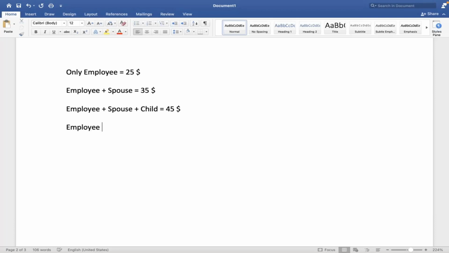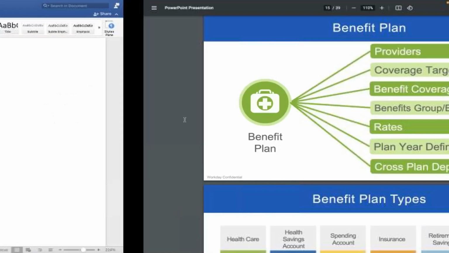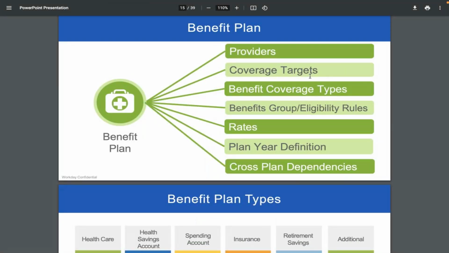Employee plus spouse plus child plus parents: $60. So the contributions keep changing based on who you are enrolling into the benefit plan. These are nothing but coverage targets. Who is your target coverage? Only your spouse or your children, your parents, or only you? That is nothing but coverage targets.